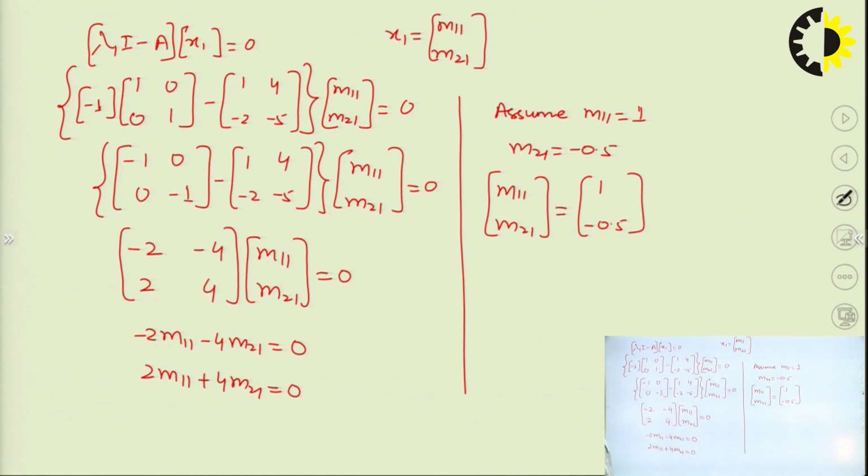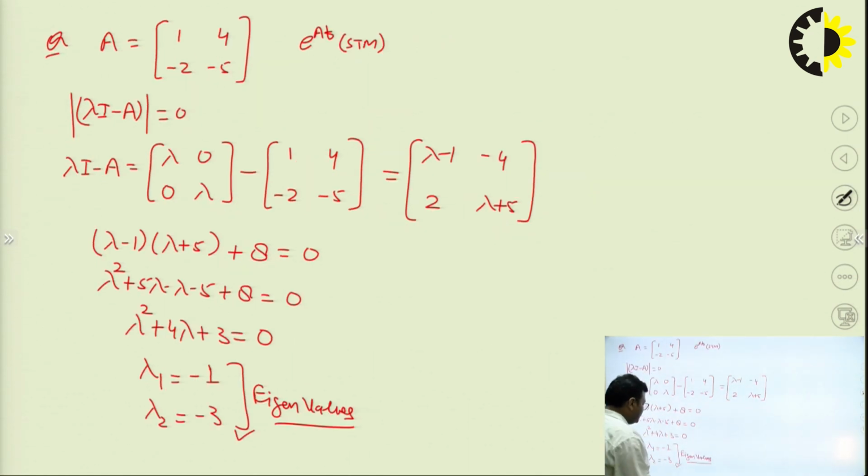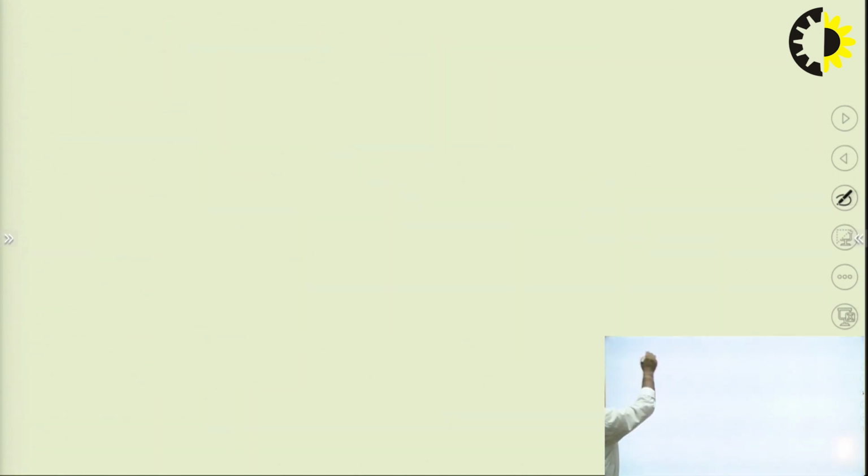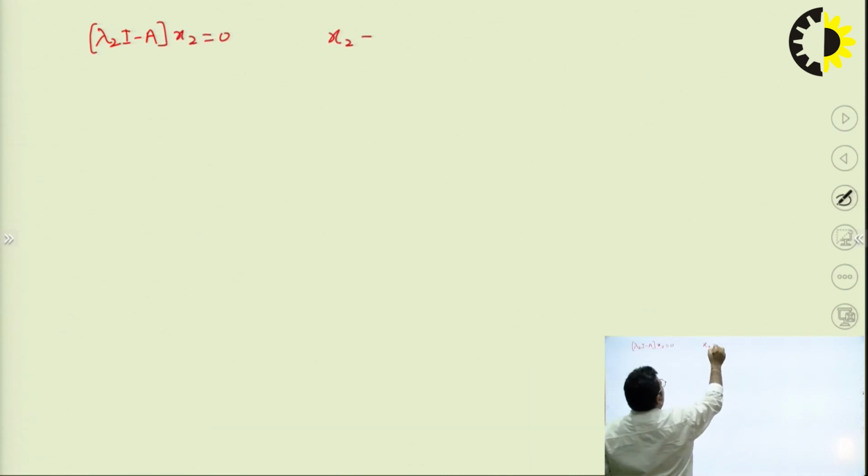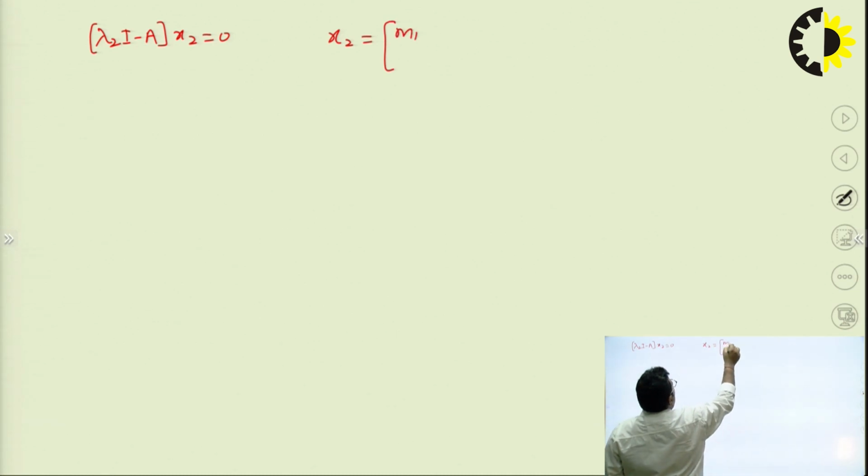Similarly, we will find the eigenvector corresponding to the eigenvalue lambda 2. Lambda 2 is equal to minus 3. So in the second case, we will write (lambda 2 I minus A) into x2 is equal to 0. Here x2 will be m12 and m22.